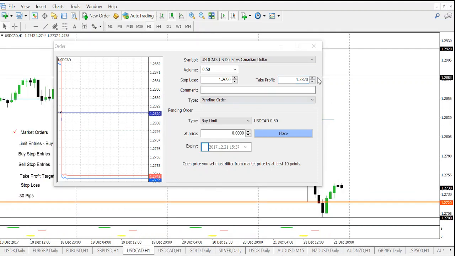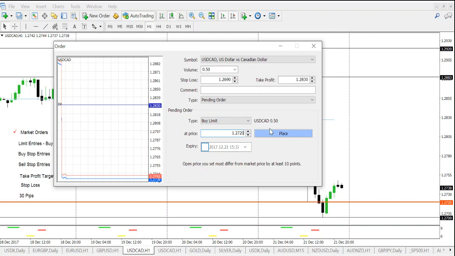Change that, 128.30, and then you put the price that you want to buy it at. So in this case, we were at 127.20.